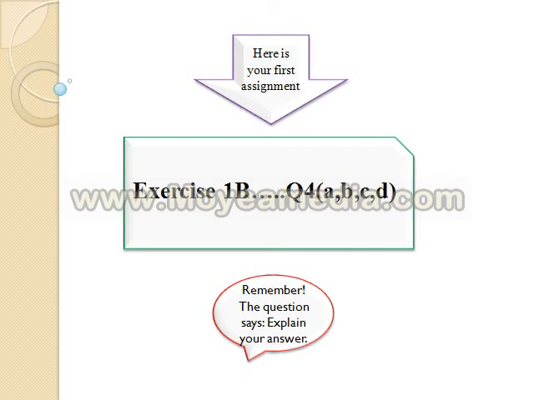Okay, now here is your first assignment, your exercise 1b, question number 4, all the 4 parts A, B, C, D. You've got to do those parts, and remember all these four parts are exactly the same as what we have done in practice now 5 and worked example 5.